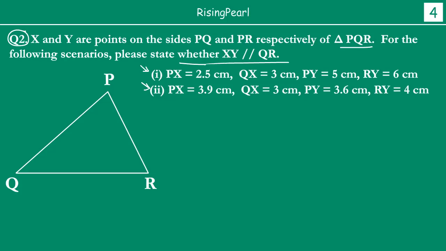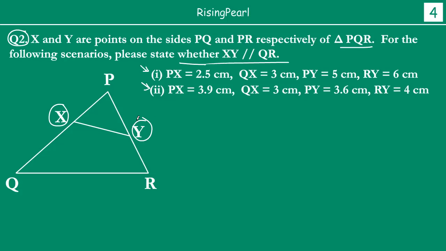Next, what do we need to do? We are given that X and Y are 2 points on PQ and PR, right? So now we will simply assume X a point on PQ and Y is a point on PR.